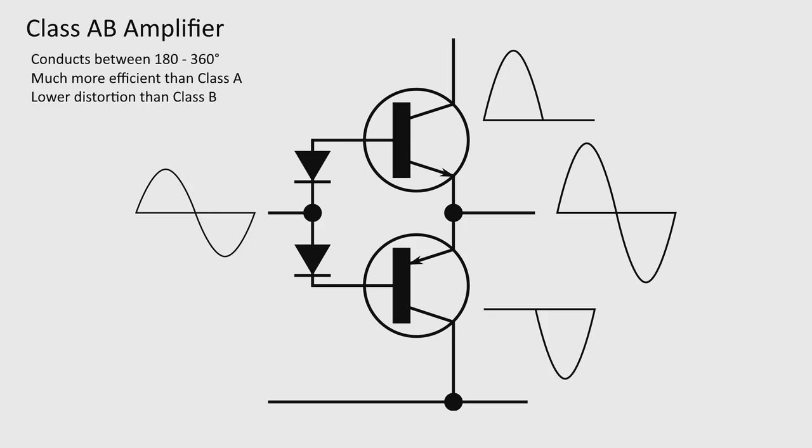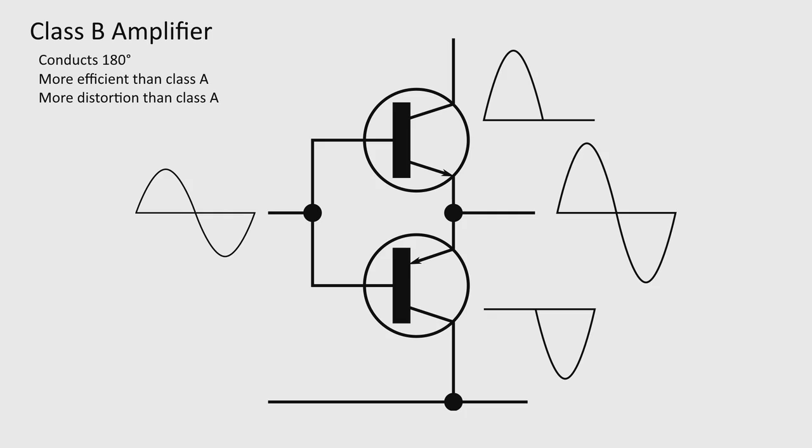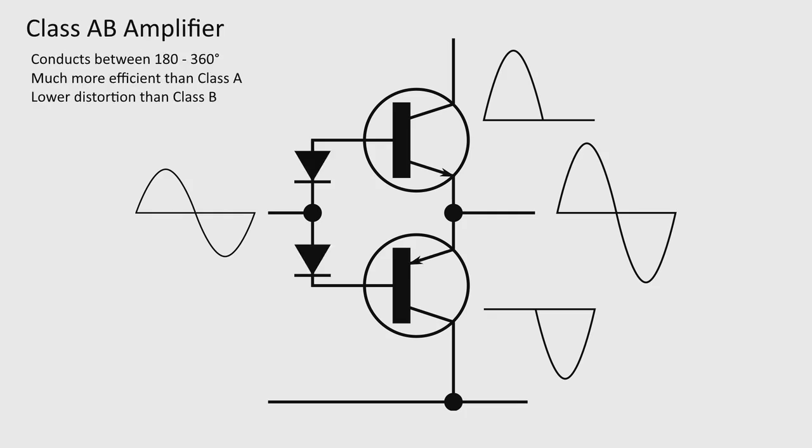In the Class B amplifier, each transistor only conducts 180 degrees of the time. On a Class AB, each of those is conducting a little more than 180, somewhere between 180 and 360. So they bias those transistors so that they stay switched on for more of the duration of that waveform, but not a full 360 degrees.